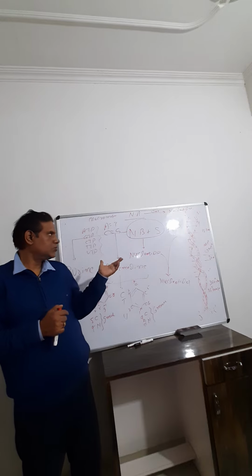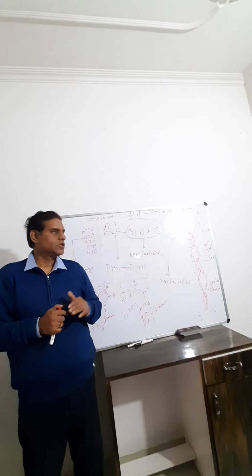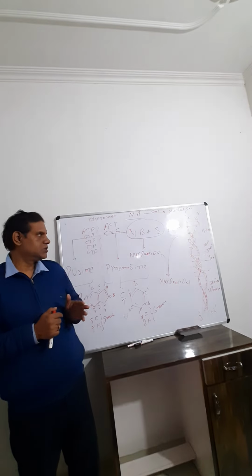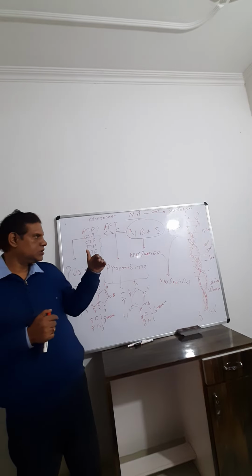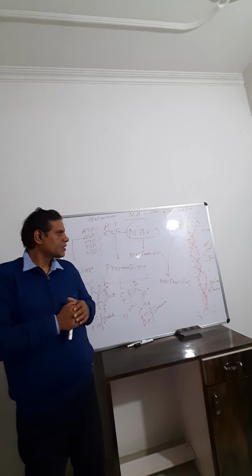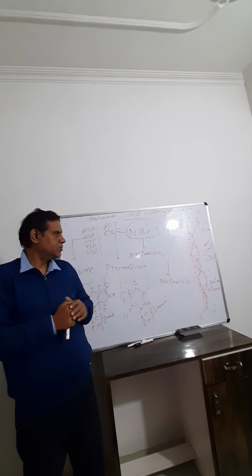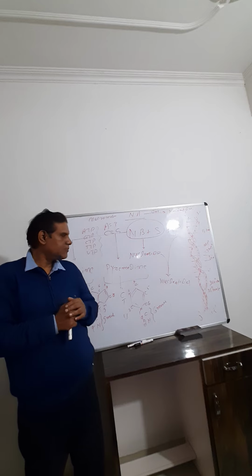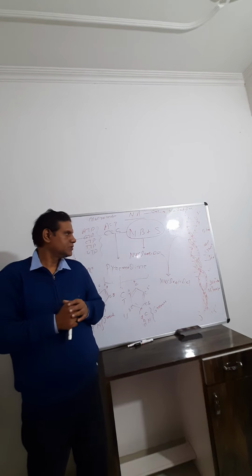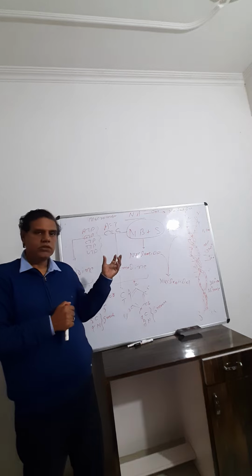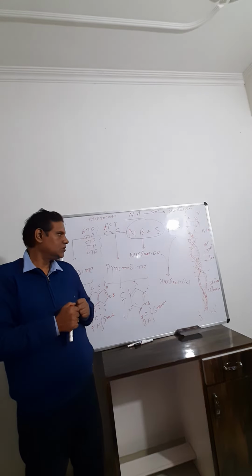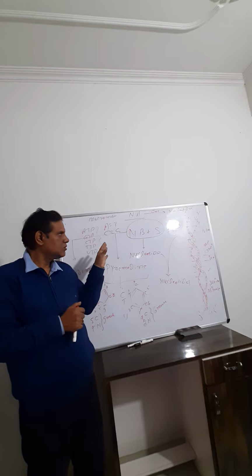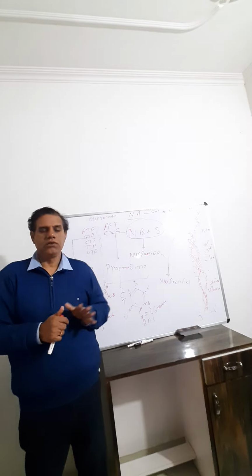And the denaturation property of DNA: if DNA is at high temperature, then denaturation takes place. So denaturation is also a most important property of DNA. And DNA absorbs ultraviolet rays also. So this is about nucleic acid and nucleotides overall.